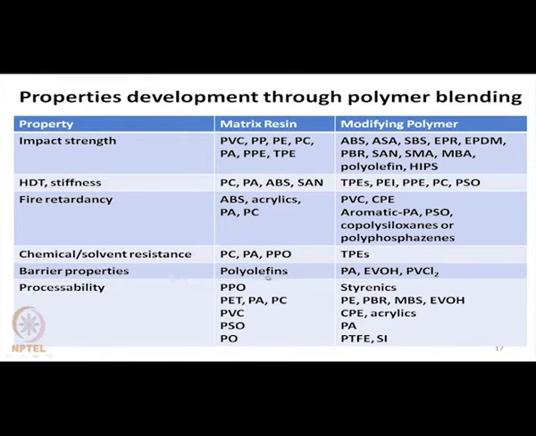Barrier properties, say of polyolefins like polyethylene or polypropylene, can be changed by mixing with polyamides, nylons or polyesters or ethylene vinyl alcohol or polyvinylidene chloride.